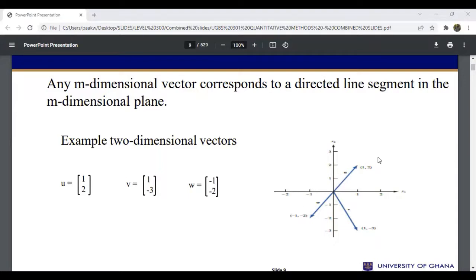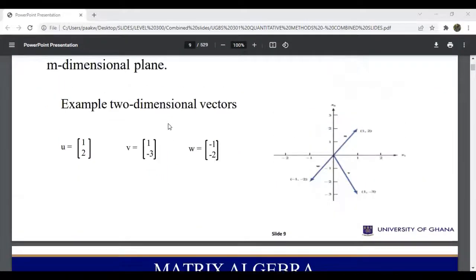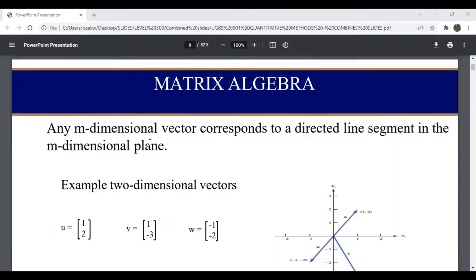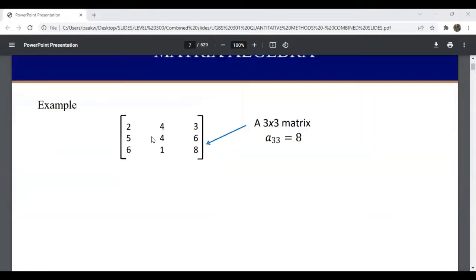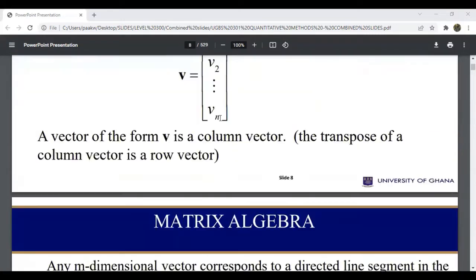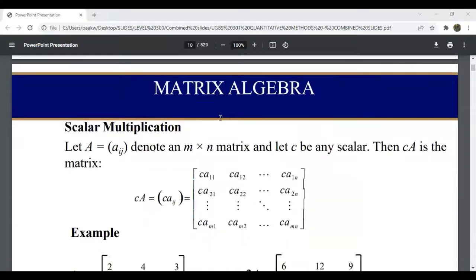So this is like a coordinate for plotting on the graph. Are you okay with that part? We don't really need that part, that's why I'm rushing like that. The important things are the scalar multiplication, addition, and the rest. So let's move on to the scalar multiplication.